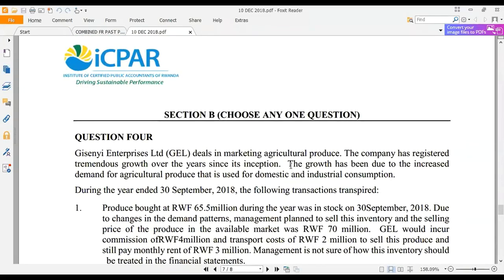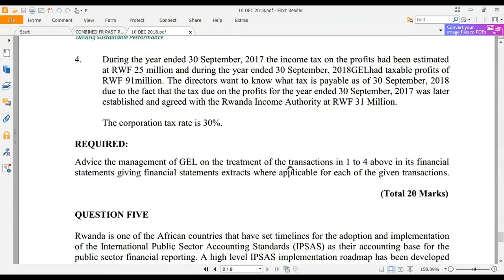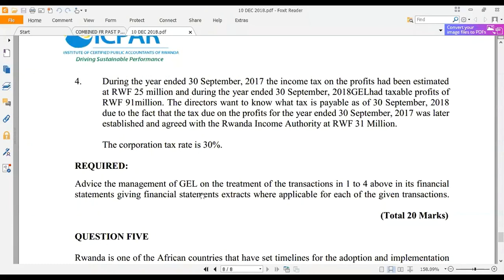So let's read this. It is always questions on standards. These are questions purely on standards, which means each question was 5 marks.